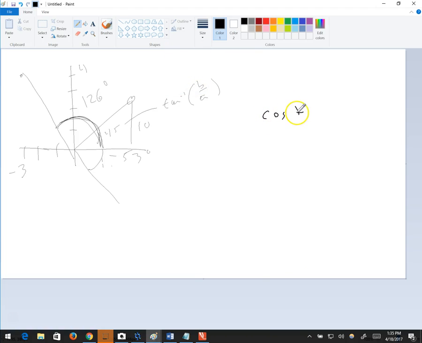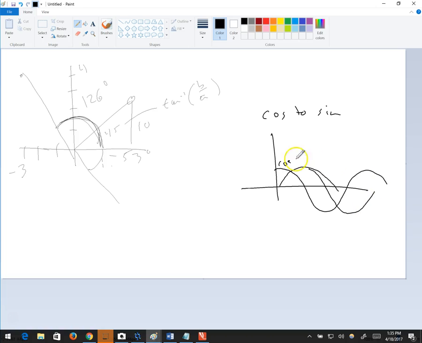So cosine to sine and vice versa: anyone can draw a cosine, because cosines start at 1, right? And sines start at 0, right? You can see that this point here, when we're at 90 degrees, is essentially the same point on the curve as this point when we're at 0 for the cosine.